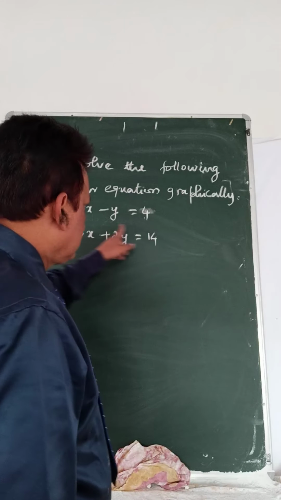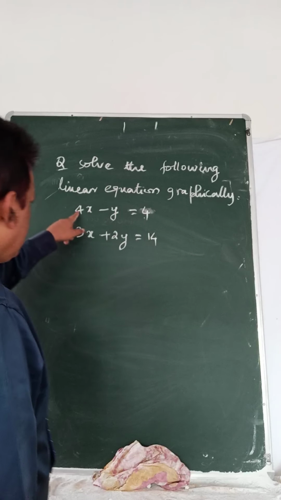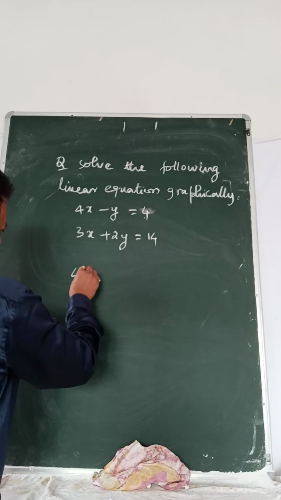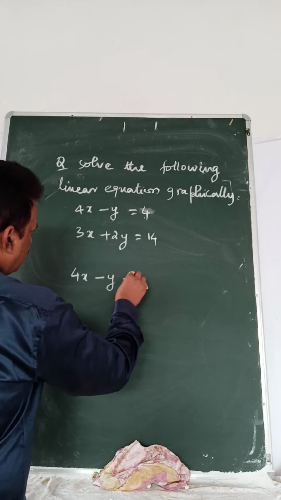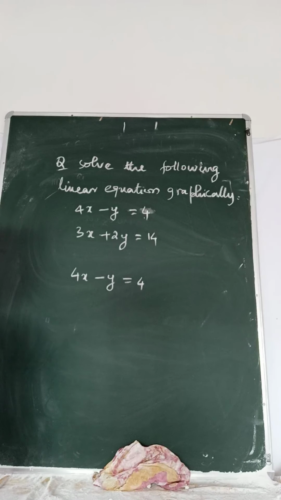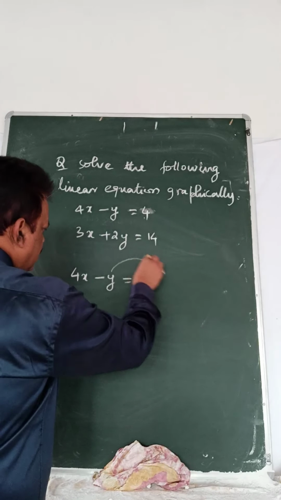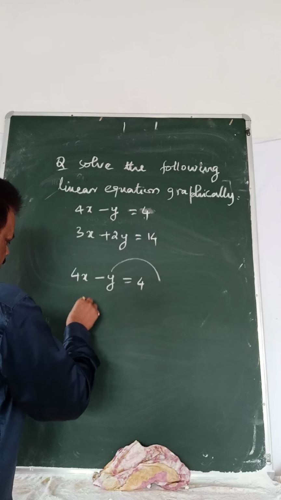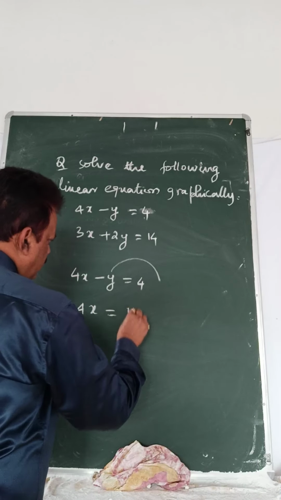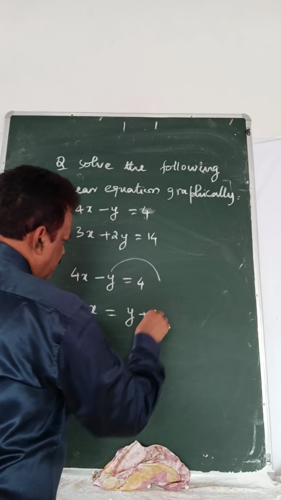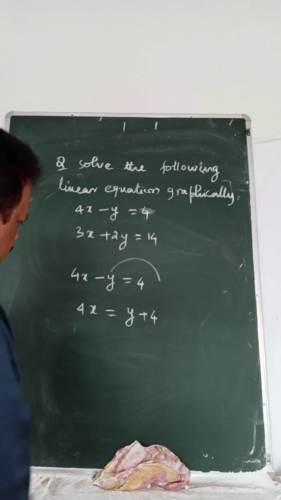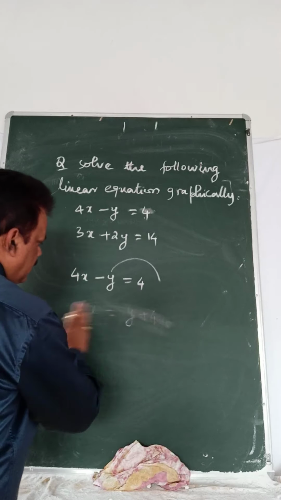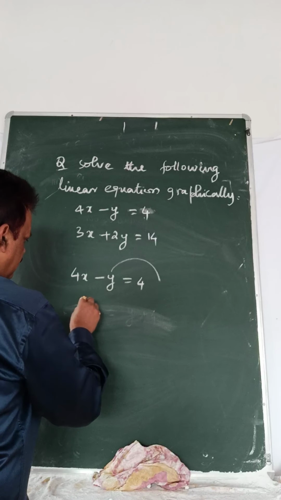Okay, the technique you have to see here. 4x minus y equals 4. Suppose I take y to this side, then 4x equals y plus 4. Or you can do it like this. Find y first.